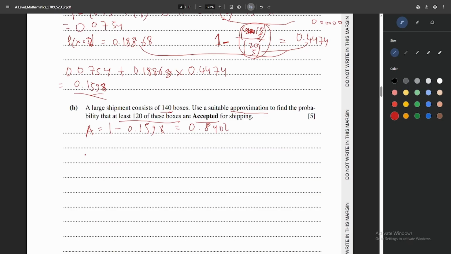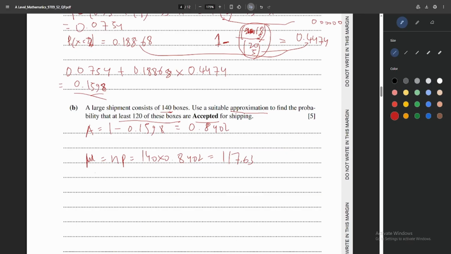First we need to find the mean. The mean, mu, is np, so 140 times 0.8402, and that gives us 117.63.